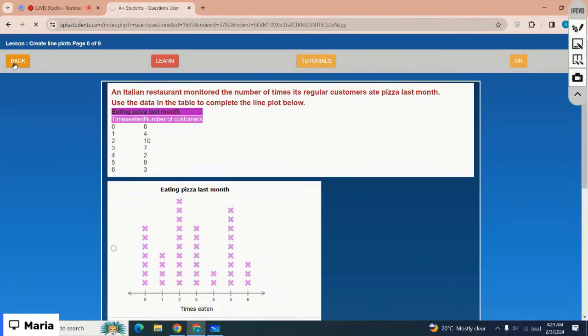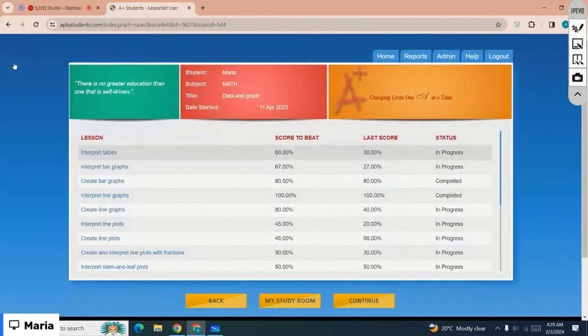And the next one is create and interpret line plot with fractions, right?